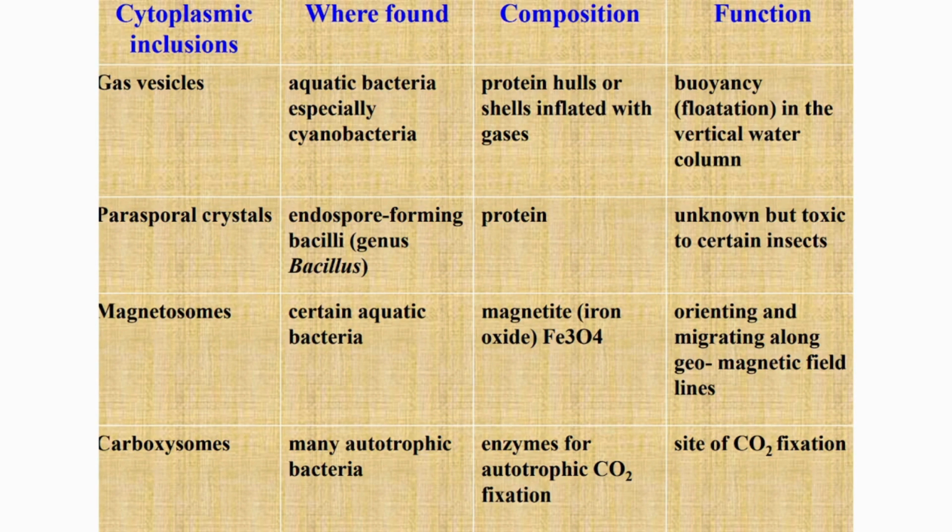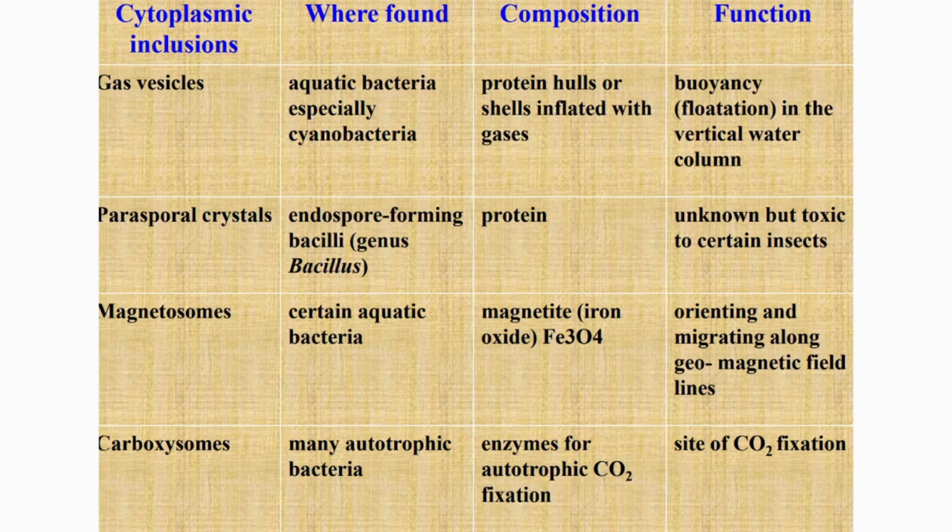Gas vesicles are especially found in aquatic bacteria, and they are made up of protein. Here the function is flotation in the vertical water column. Next is the parasporal crystal, especially found in endospore-forming bacteria.